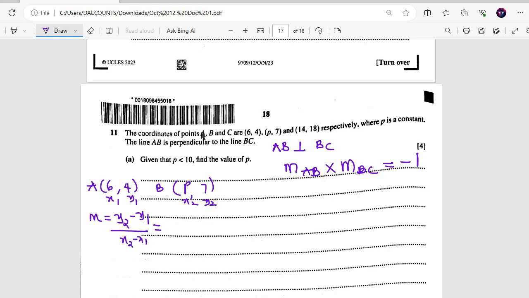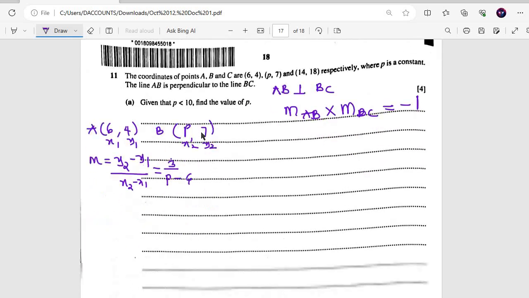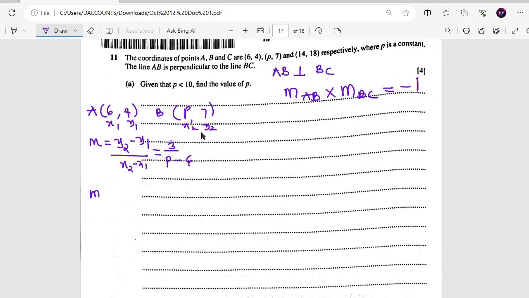So the change in y, y2 minus y1, is 7 minus 4. Change in x is P minus 6. That's the gradient for AB.